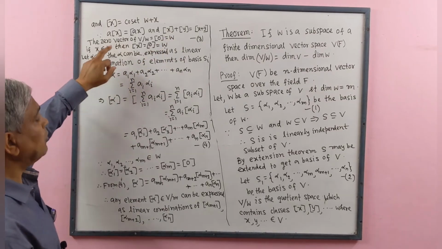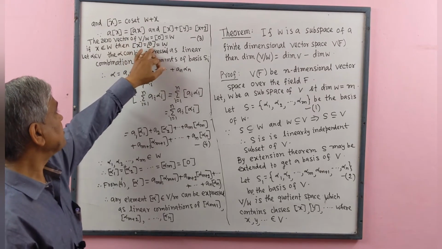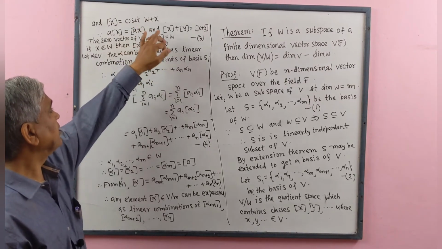If X belongs to W, then class X is the zero class, and that is W.